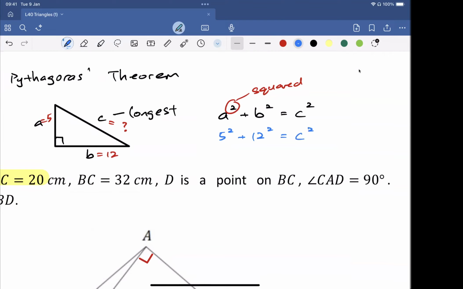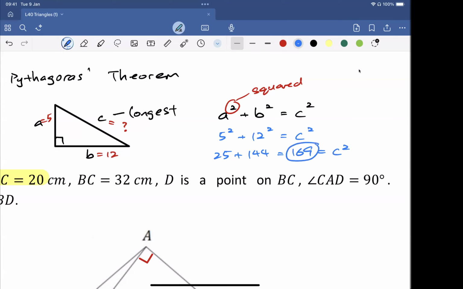What is 5 squared? 25. What is 12 squared? 12 times 12 is 144. Correct. So now what do you get? 25 plus 144 equals 169. Do you notice that c squared is actually 169?